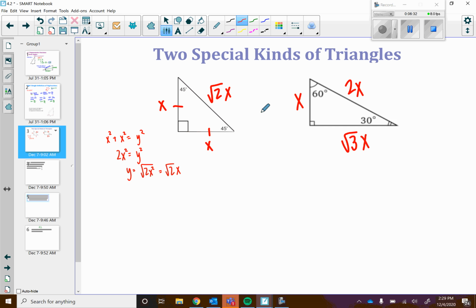If you didn't remember that, please don't stress, because realistically, you're not going to be memorizing these triangles with x's. We are going to use these triangles with our trig functions. So just make sure you have this in your notes, and we will do the rest of it on Monday or Tuesday. I hope you have a great rest of your day, and I will talk to you soon.